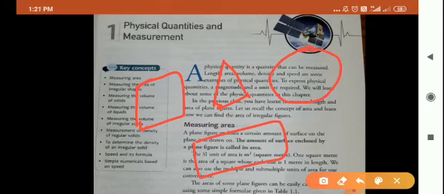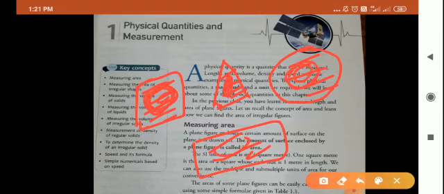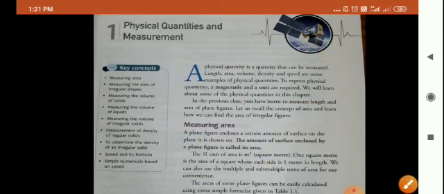So whatever amount of surface is enclosed by these plane figures is known as the area. This shaded part is the area because it is the amount of surface enclosed by a plane figure. Or you can say the amount of surface enclosed by two-dimensional figures. What are two-dimensional figures?